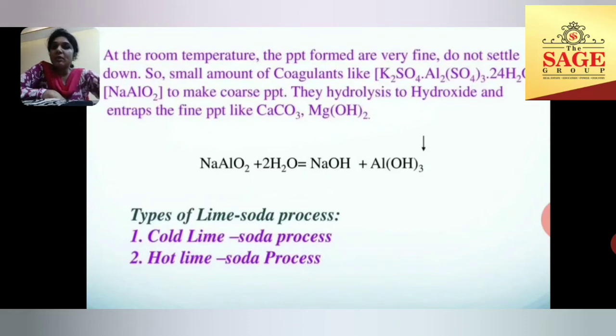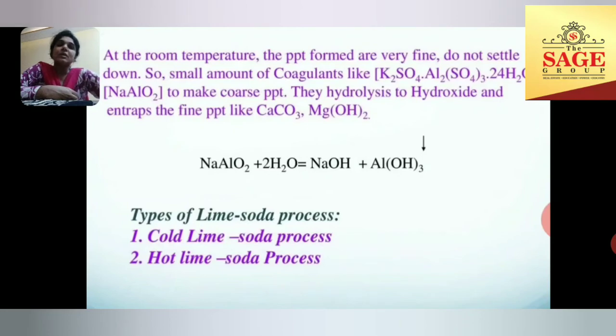What do these coagulants do? These coagulants form an Al(OH)3 precipitate. Now this Al(OH)3 precipitate covers all the hardness causing salt precipitates, making them heavy, and due to that the precipitates settle down easily.